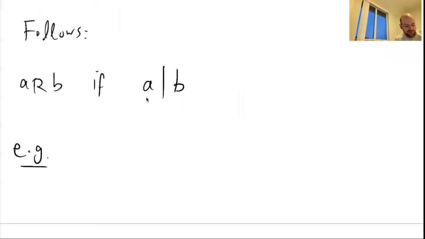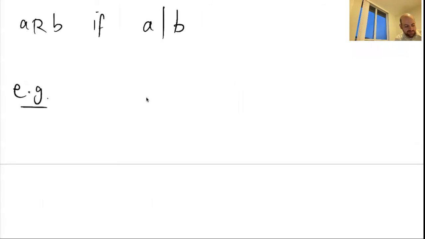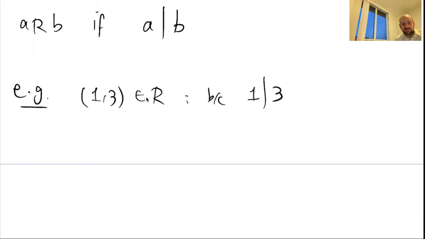Does it belong to R? 1 and 3 belongs to R because 1 divides 3, right? 3 can be written as 1 times 3, so that means 1 divides 3, and therefore 1 and 3 belongs to R.